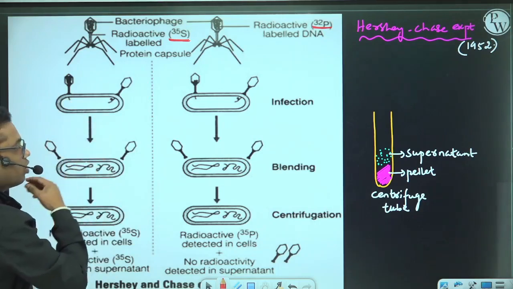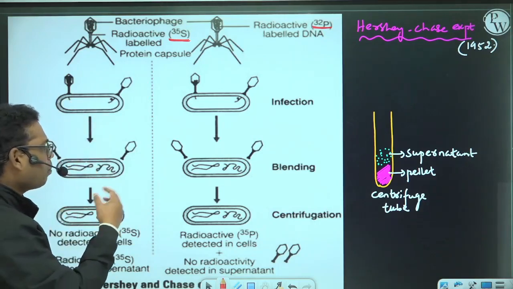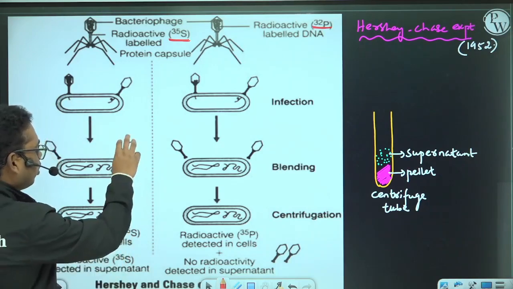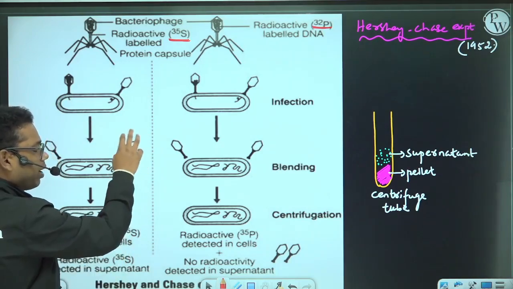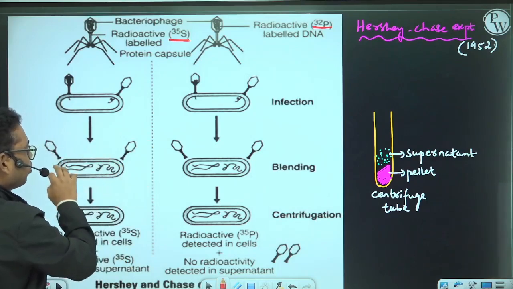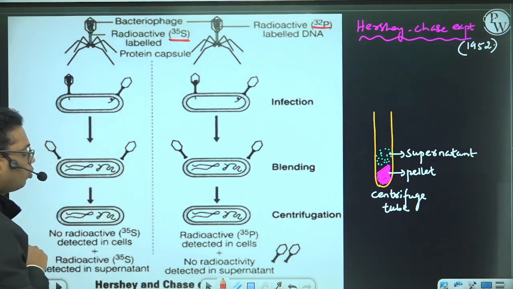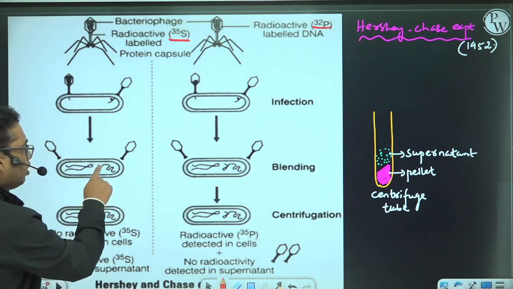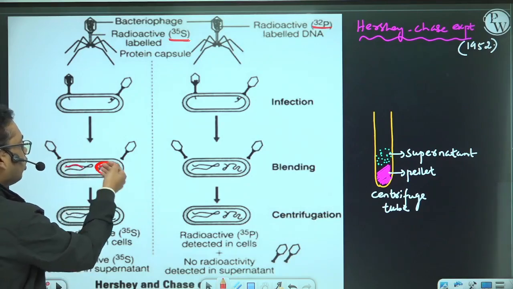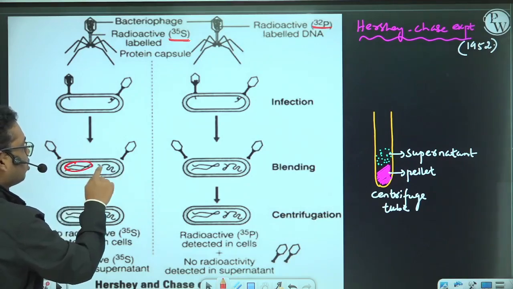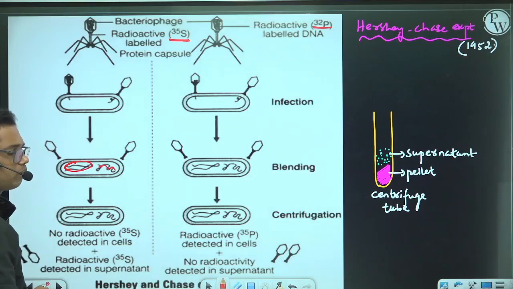Then what did they do? They blended this. When they blended, this empty bacteriophage got separated from the bacteria. So this E. coli has two components. Suppose this is the DNA of the bacterium, and this is the DNA of the bacteriophage.